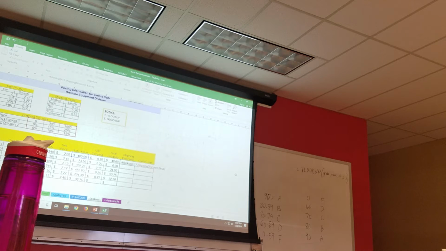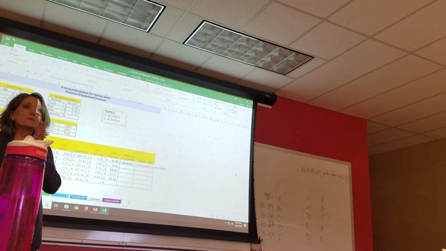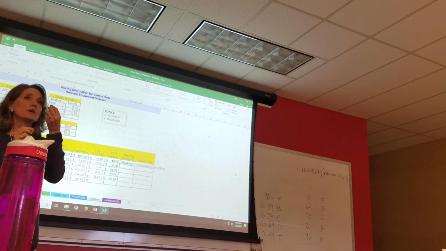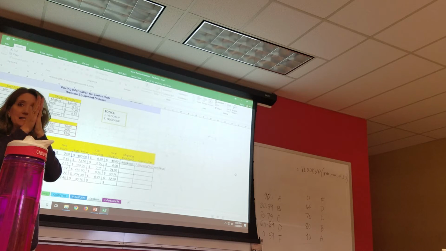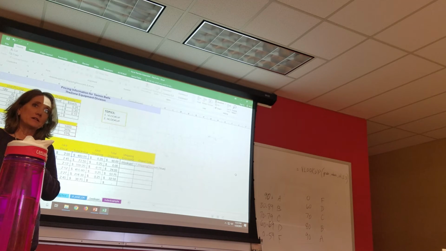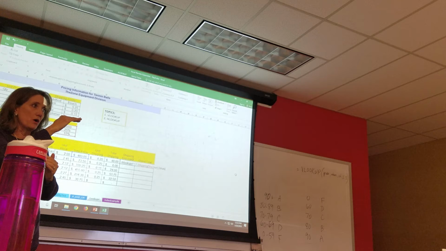So this isn't new stuff. The thing about either the HLOOKUP or the VLOOKUP is that the place where you're going to look up your data point, in a vertical has to be in the first column, in a horizontal has to be in the first row, okay?